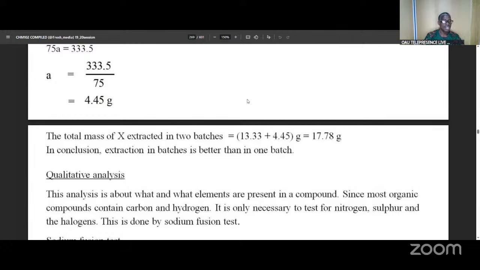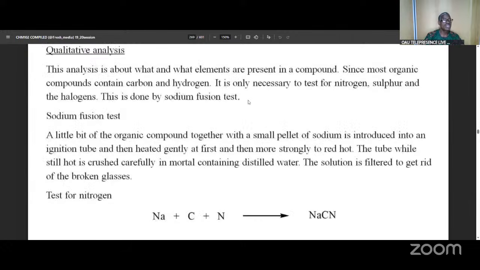Now, let's go to the second part of identifying organic compounds. One of the things also is qualitative analysis. This analysis is about what elements are present in a compound.